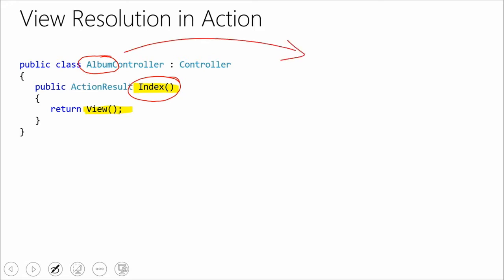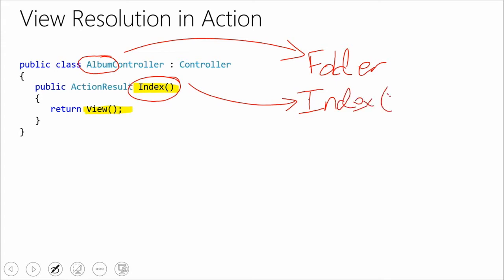And what MVC will automatically do is look for a folder called Album, and it will automatically look for a view called Index.